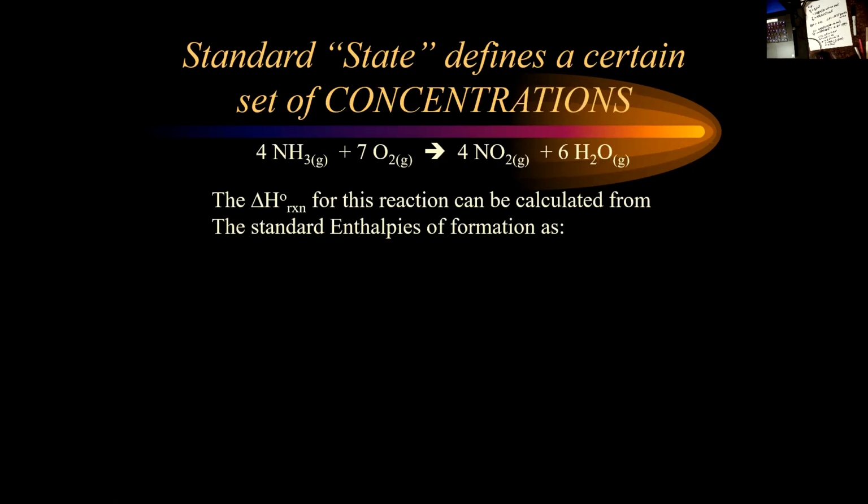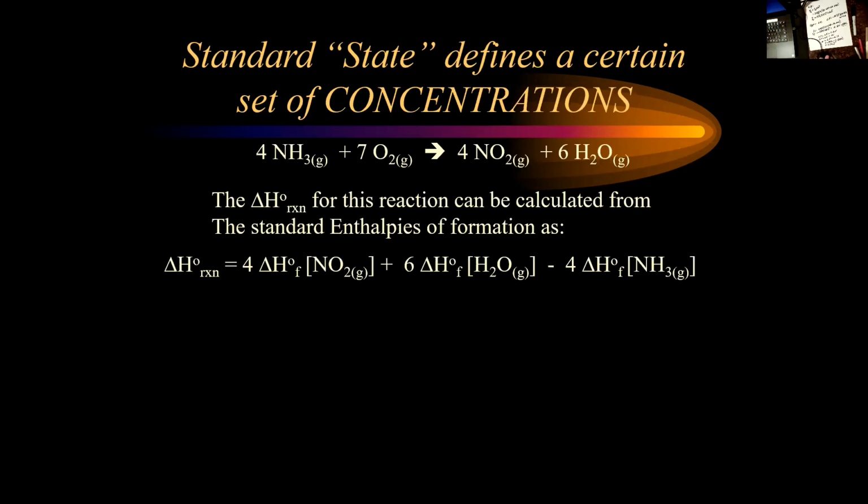Now, the delta H for the reaction, I can calculate from the standard enthalpies of formation. That is, I can take the energy that it takes to form 4 moles of NO2, that's this one, and 6 moles of water gaseous, that's this one, and subtract off 4 moles of ammonia as a gas and 7 moles of oxygen.